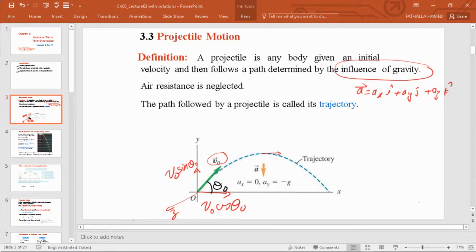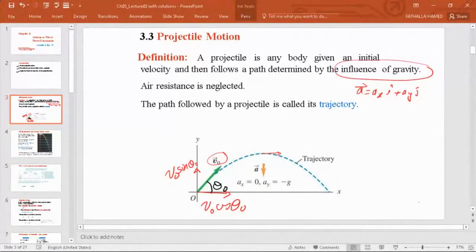But in a projectile motion, you can look at something that we call vertical, horizontal, so you don't need the third axis here. So I'm going to eliminate the z component here. And you have only the x and the y component.